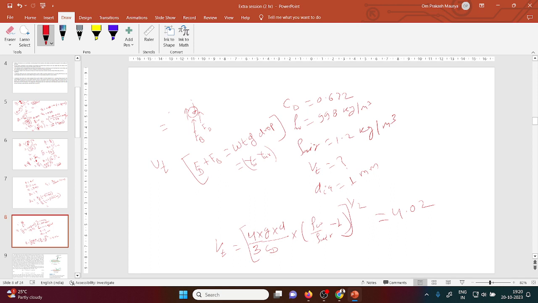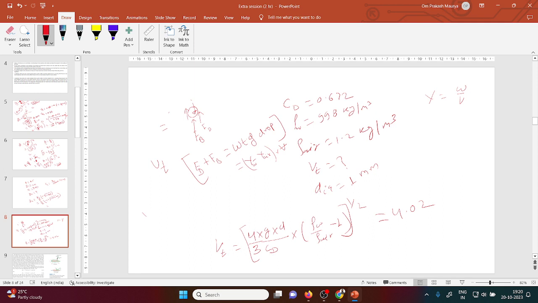And the volume of the raindrop is what? Gamma is equal to what? Weight by volume, right? So if you want to calculate, the volume term will come here. I have taken FB this side, and FD is remaining here.